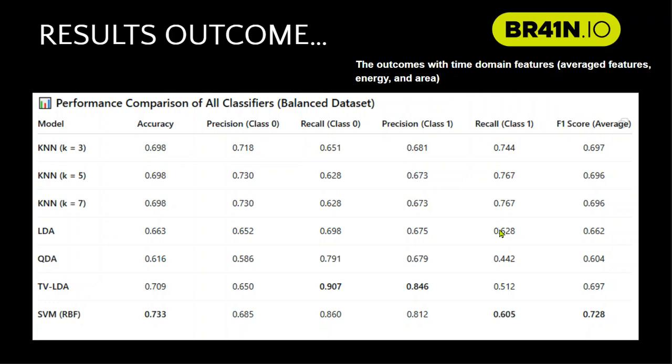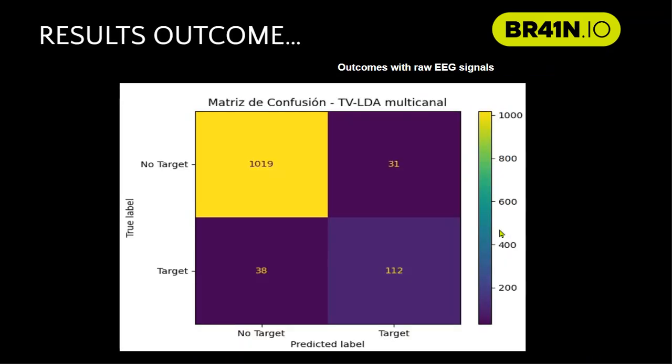Here we are presenting the outcomes with the time domain features, such as average features, energy, and area under the curve. We also use the time variant LDA for presenting our results.